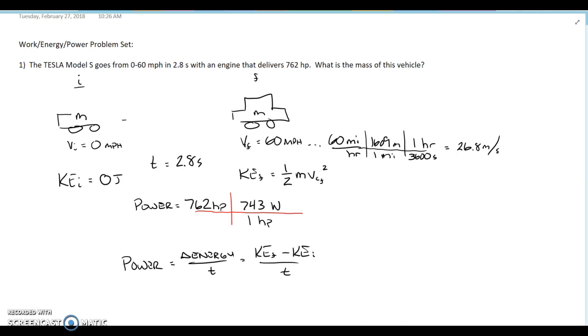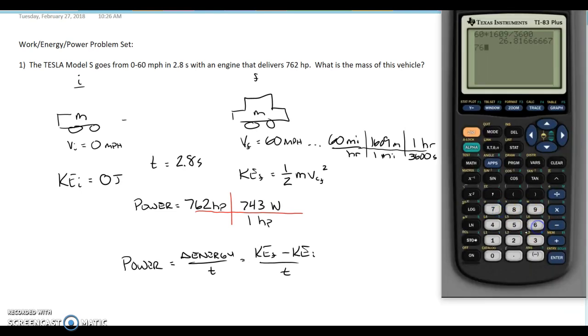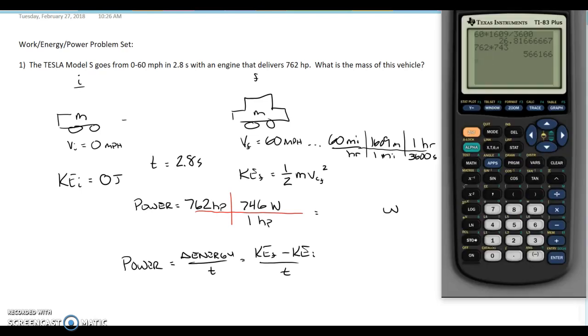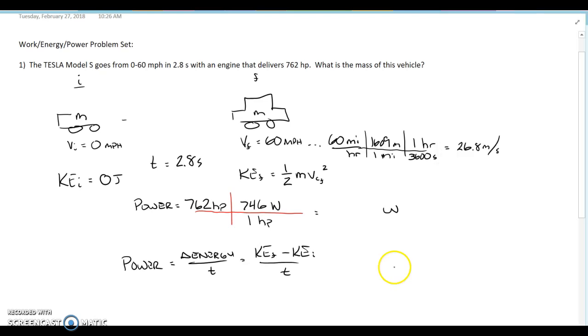When we multiply, we get 762 times 743, and I get 566,166 watts. I'm going to check that conversion real quick because I'm not sure. Actually, I'm going to make a correction. The conversion is 746 watts, so we get 762 times 746, so we get 568,452.